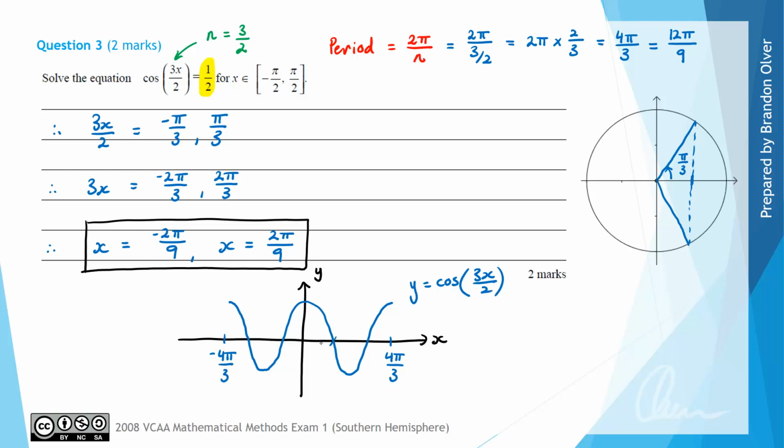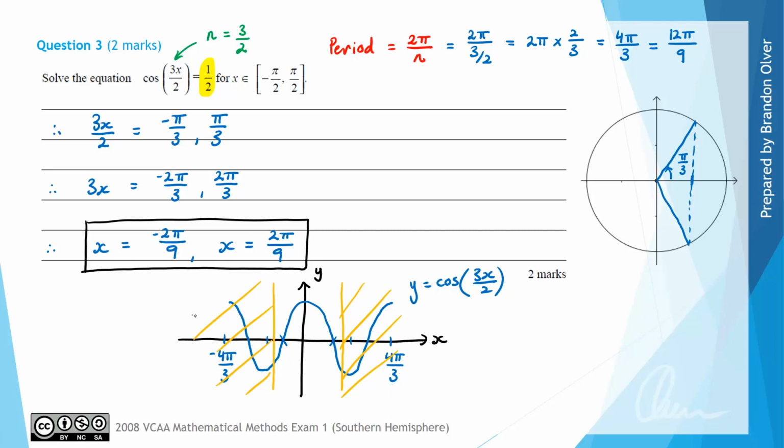Now this value here and this value here would be at pi on 3 and negative pi on 3, so that would still be in the domain, and the minimums would be at negative 2 pi on 3 and positive 2 pi on 3, which means that our domain would cut the graph somewhere in between there. So these sections here wouldn't exist for where we're trying to find the solutions.